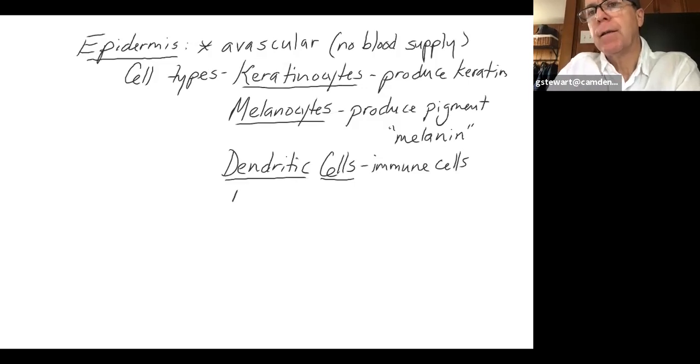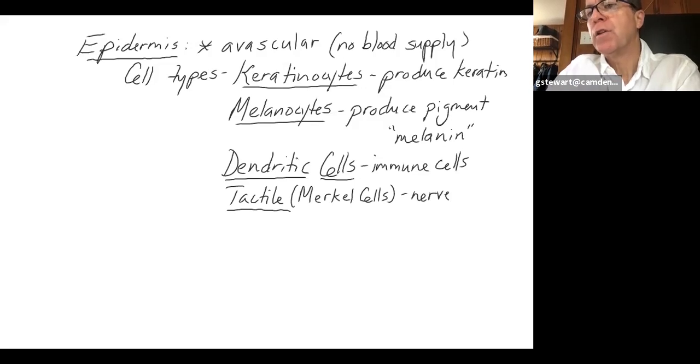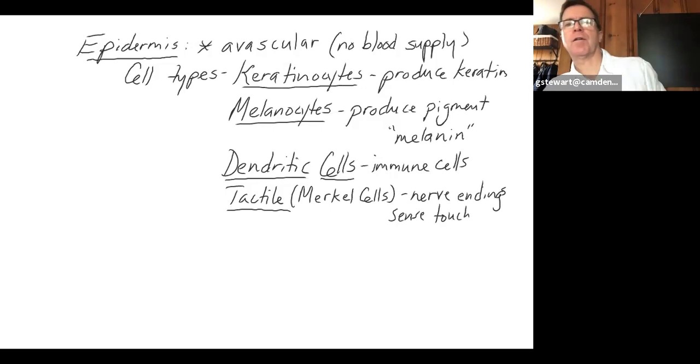And finally, we have tactile, also known as Merkel cells, M-E-R-K-E-L. These are sensory types of cells. They're like nerve endings. So when you feel touch and things like that in your skin, they're nerve endings that sense touch. All right, there's just a small list of some of the cells that we find in our epidermis.